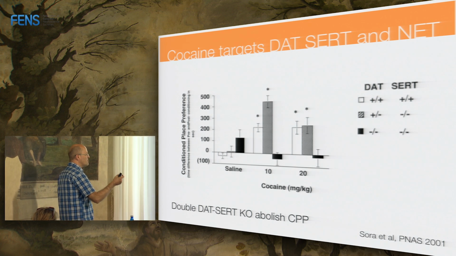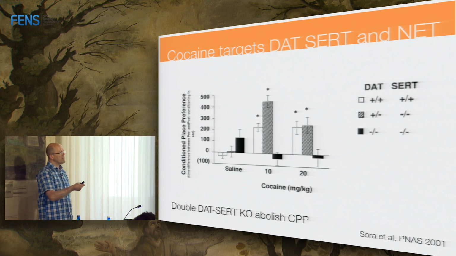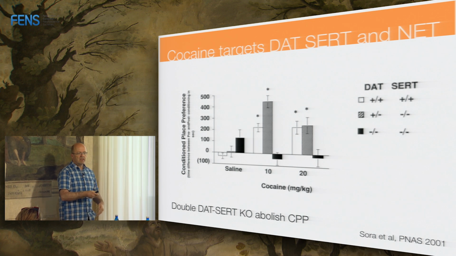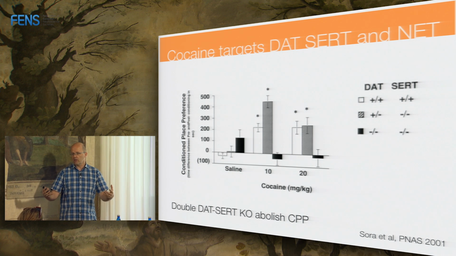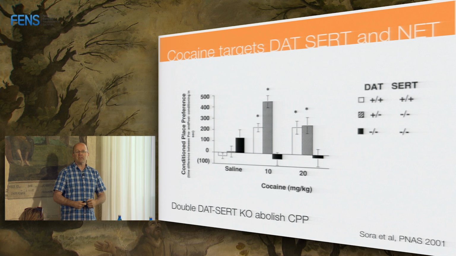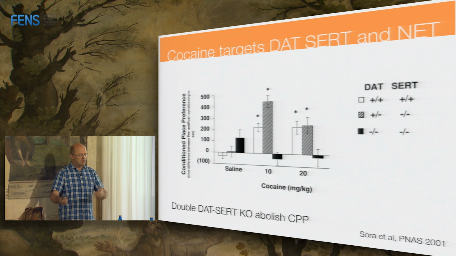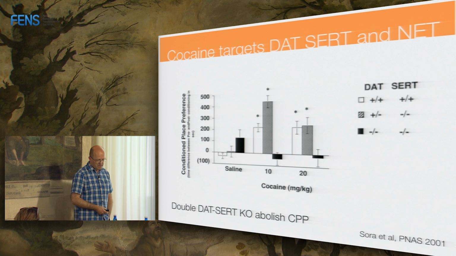But we're not totally satisfied with that, because obviously knocking out two of these major monoamine transporters could have yet other adaptations, and there is a third one that cocaine can bind to, so that would have to be examined as well.